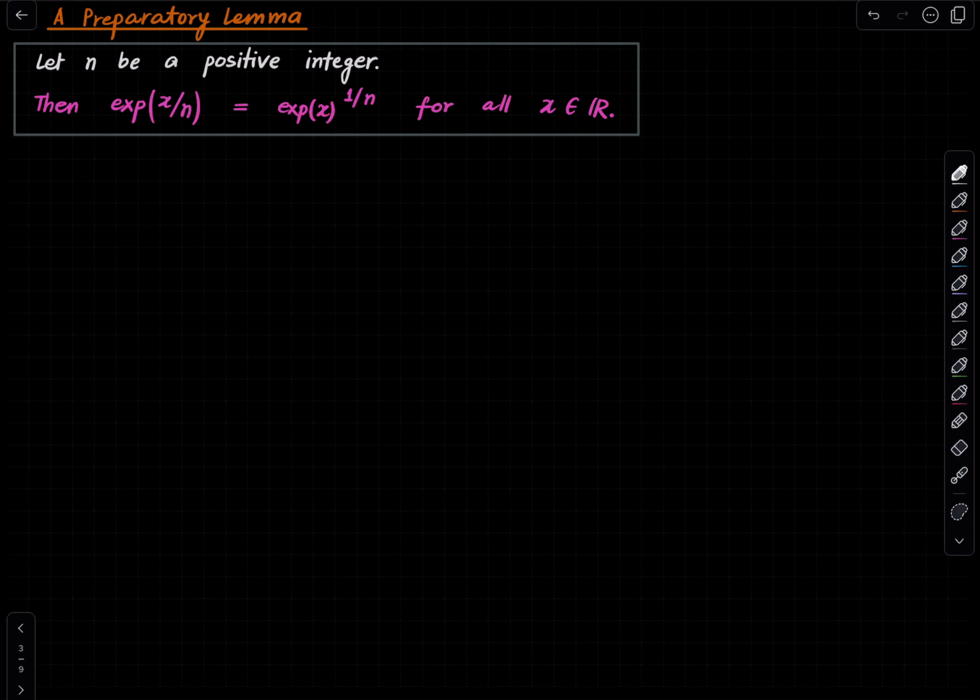Again, this is very simple, just a simple application of the homomorphism property. So we have that the exponential of x by n multiplied with itself n times is nothing but, by the homomorphism property, the exponential of the sum of all these arguments, which is the exponential of x.